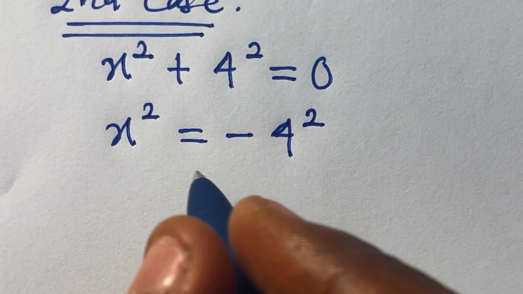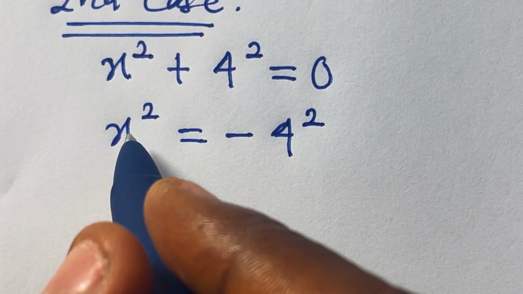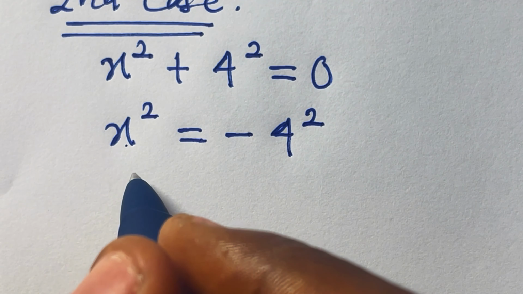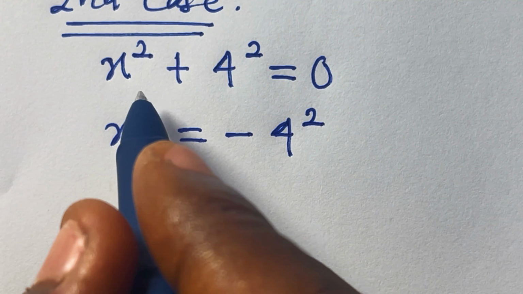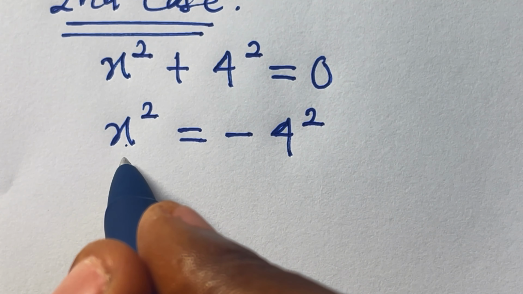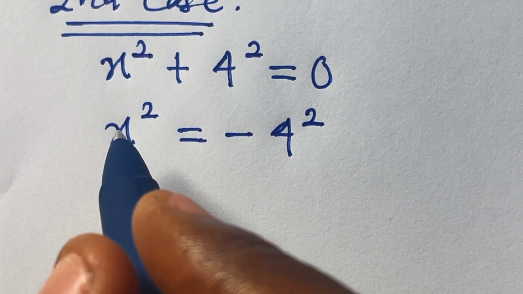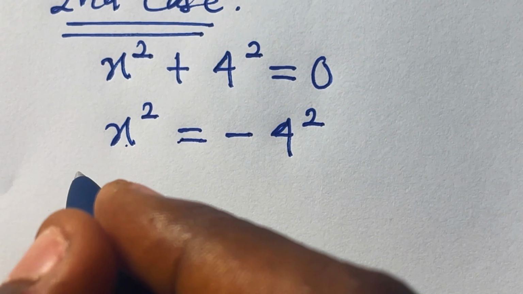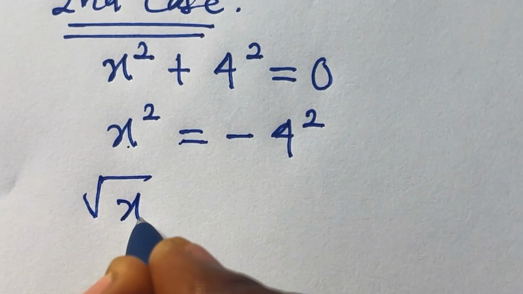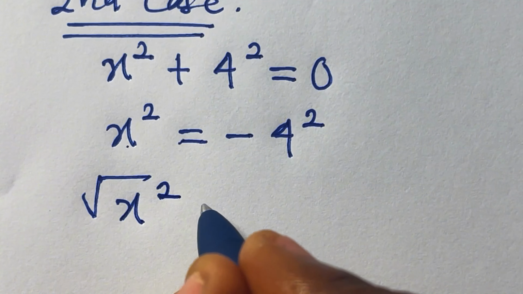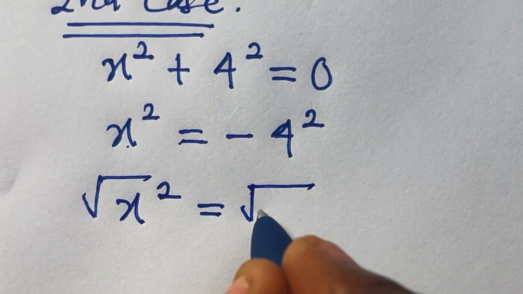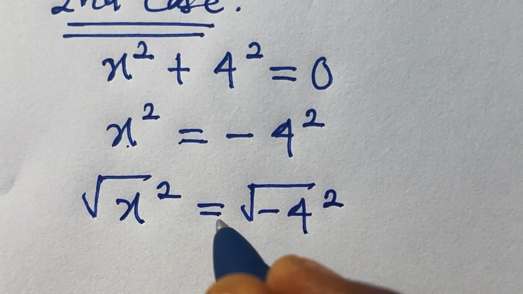From here, to cancel this square, we are going to use the square root. Remember I said to cancel a square root we use a square, but to cancel a square we use a square root. So now let's take the square root because we want to cancel this square, so equals square root of minus 4 square.